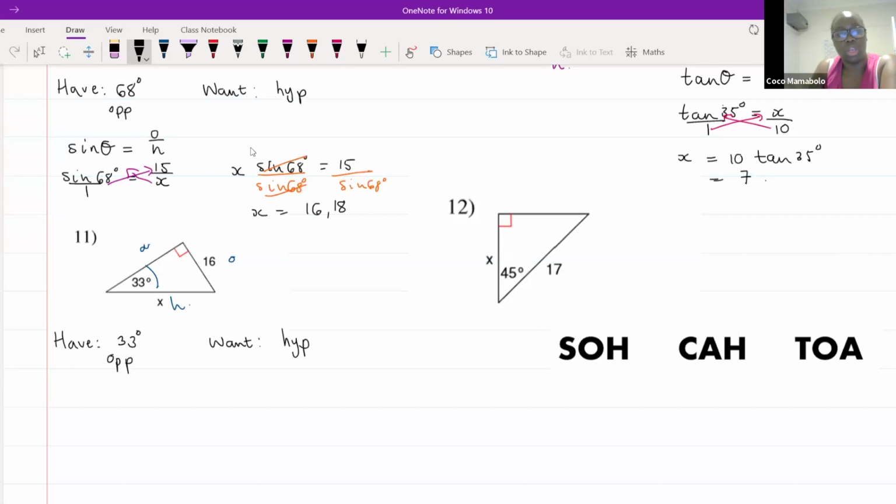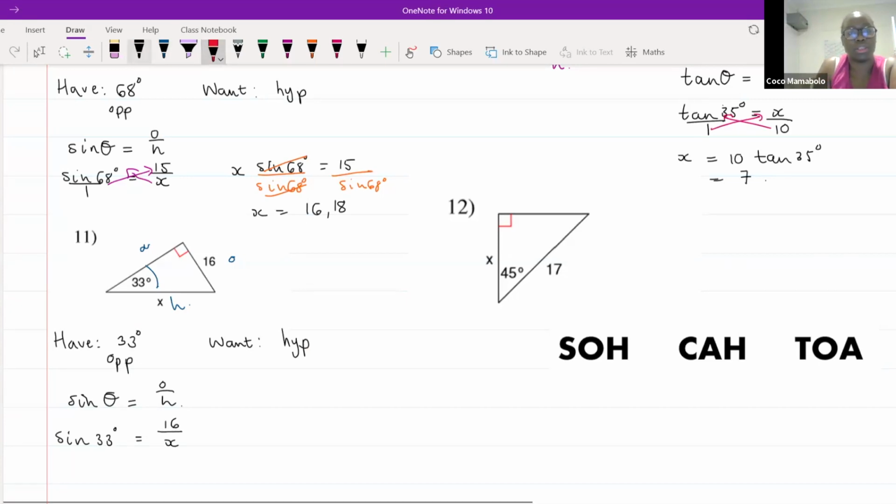So I know SOHCAHTOA, or TOA, I'm going to use sine here. Sine theta is equal to opposite over hypotenuse. Then we substitute: sine of 33 degrees is equal to the opposite, which is 16, over the hypotenuse, which is x.